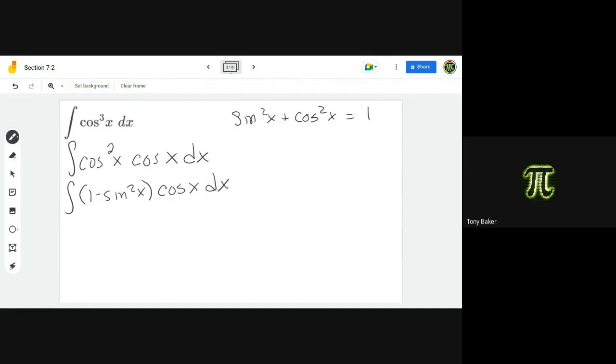So now the question is, what do I want to make u? If we go back and look at this step, or even the step at the beginning, all I have is cosine, right? So if I take u and make it cosine, what's du going to be?